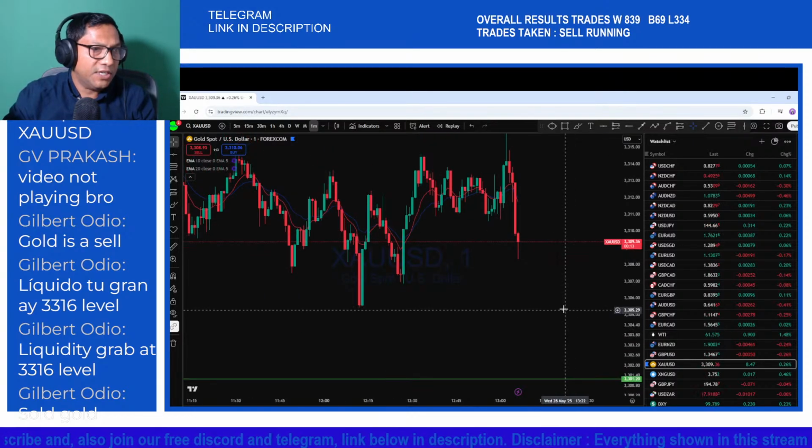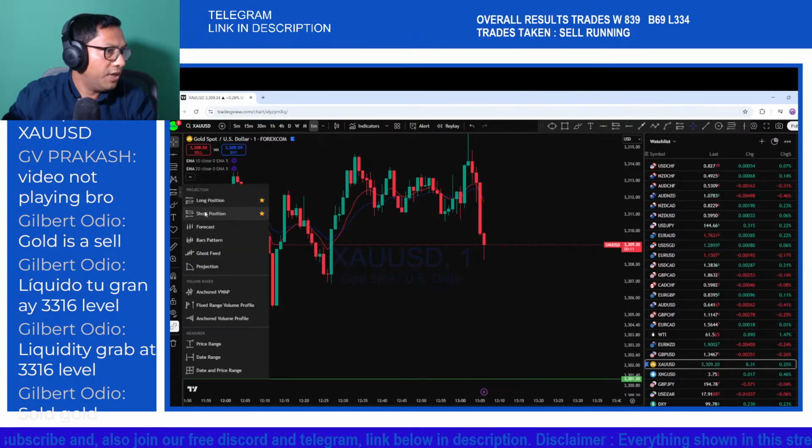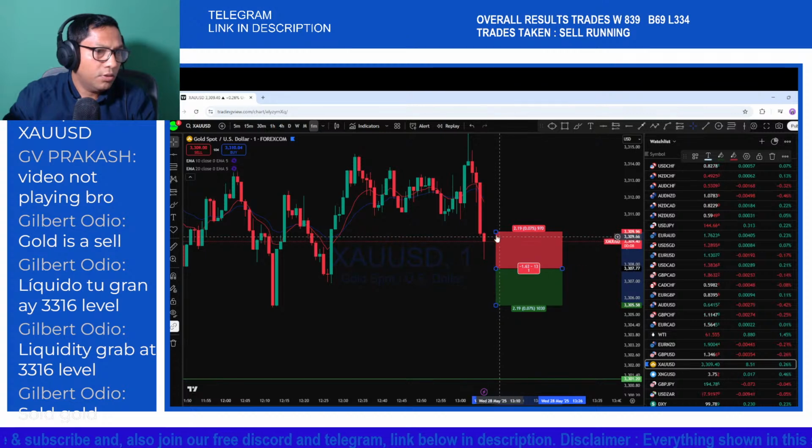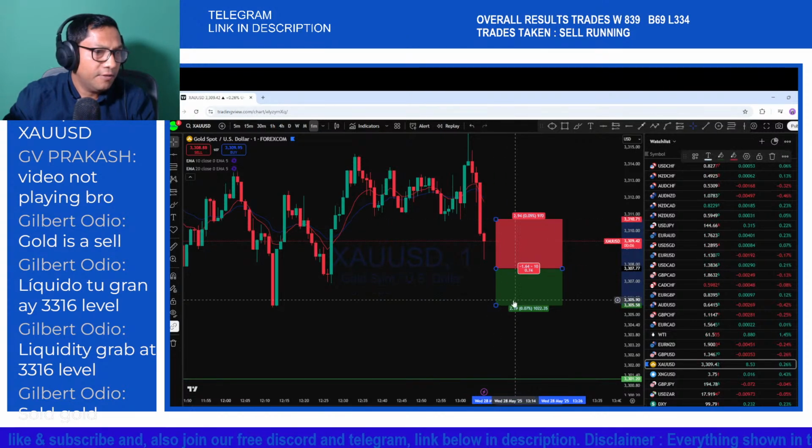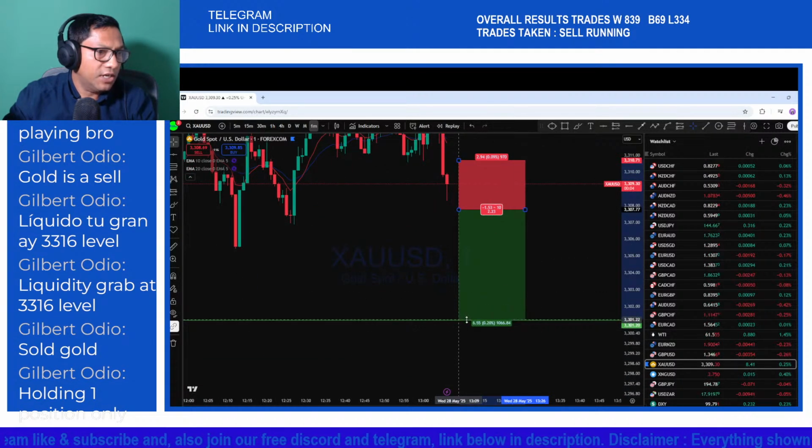So we'll be placing a sell stop here below this low, stop loss above this high, and targeting this daily low.